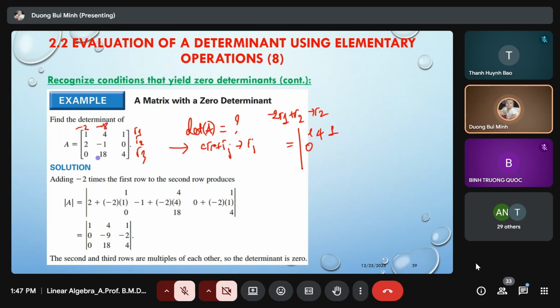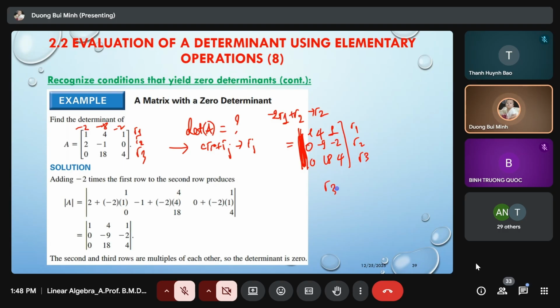So minus A minus 2. You get here 0, minus 9, minus 2, and this is 0, 18, 4. So you can see this is R1, R2, and R3.